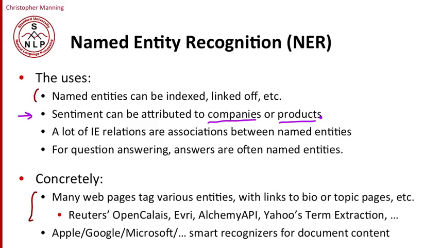But there are a lot of other uses where named entity recognition is a subcomponent of a larger task. Commonly, when you're doing information extraction, a lot of what you're doing is actually identifying named entities and then working out the relationship between them. So we'll talk later about question answering. And in question answering, for various kinds of questions, often the answers are named entities. When did something happen or who did something?